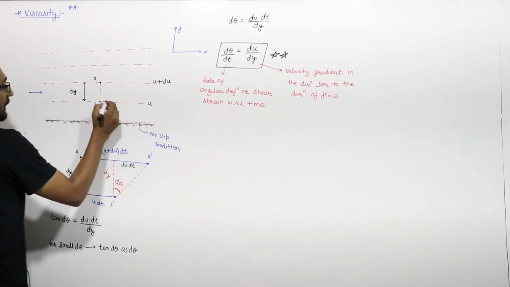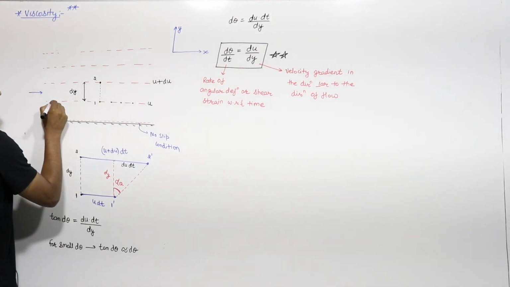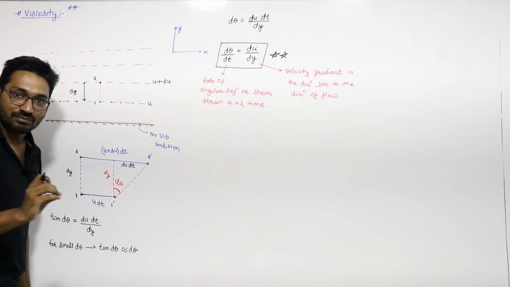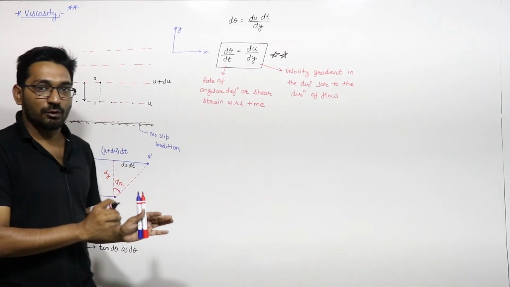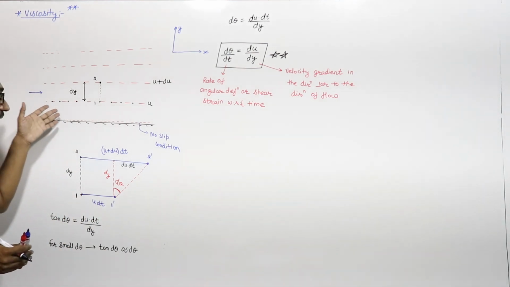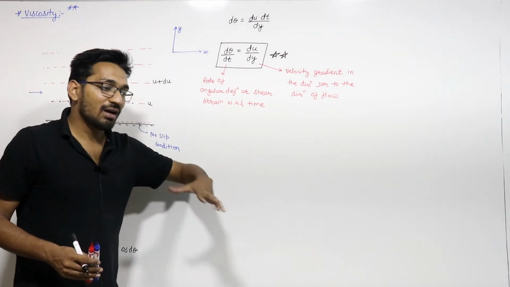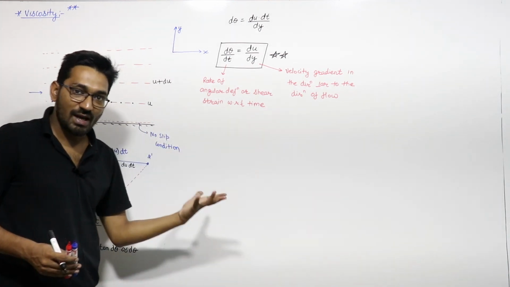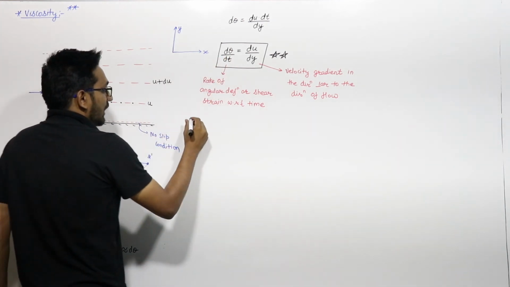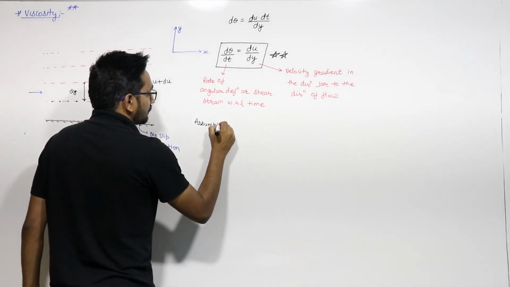Means on this layer each and every fluid particle is moving with velocity u. It is a uniform flow. We are not taking into account the velocity gradient in the direction of flow. This is the assumption here: uniform flow.